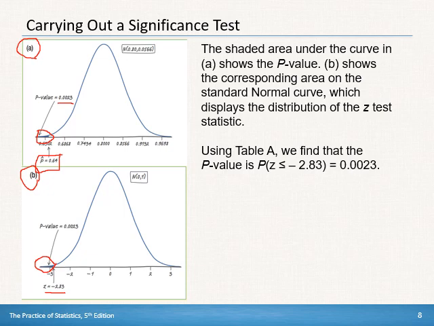So assuming that she actually is an 80% free throw shooter, the probability that she would have a p hat of 64%, or one more extreme than that, lower, is so low that it means it's very unlikely she would have done as badly or worse than she did if she was an actual free throw shooter of 80%. So that shows evidence against her claim of being an 80% free throw shooter.